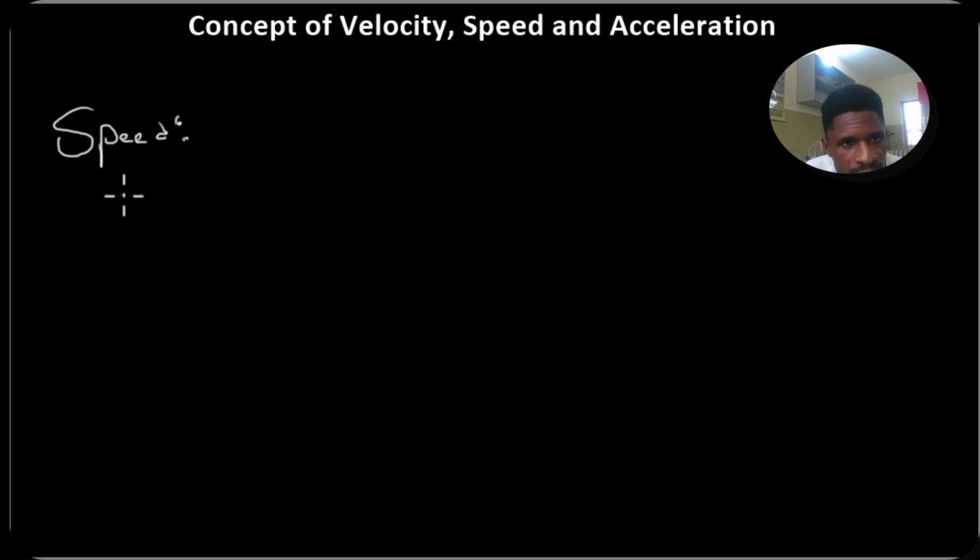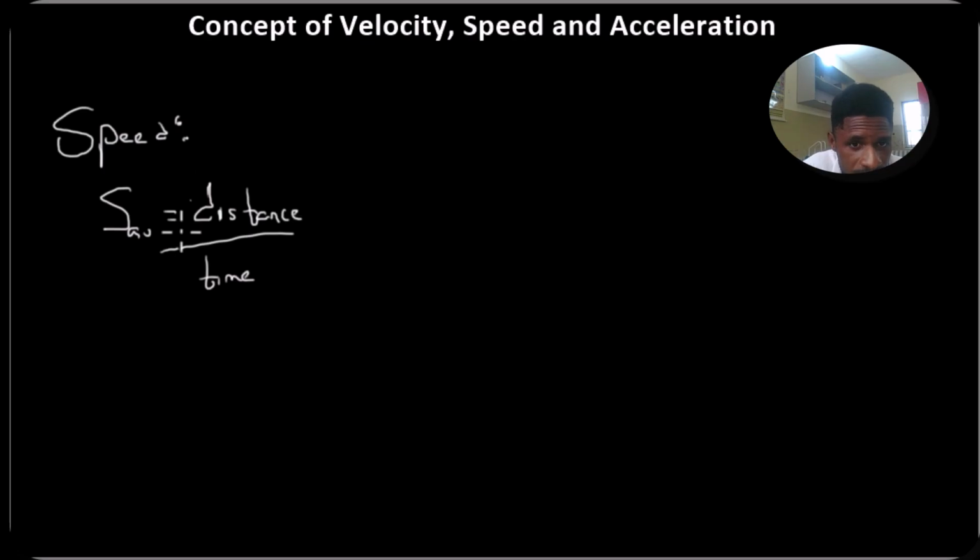Like we said for velocity, we have the average part. The average speed will be denoted by S_av, and mathematically, this is distance over time taken. Since this is average rate of change, again delta over delta, that is the slope of our line.